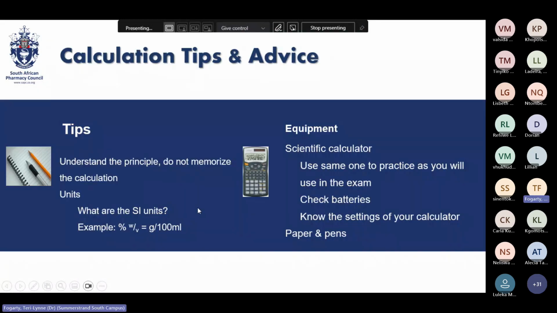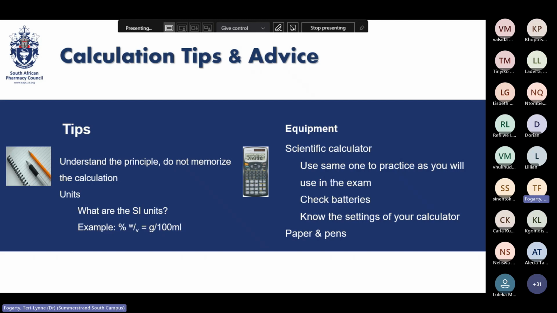So, some calculation tips and advice. When you are learning for the exam, you must practice calculations. You can't just go into an exam and hope that you are going to pass based on your day-to-day knowledge. Calculations have to be practiced. You need to understand the principle.